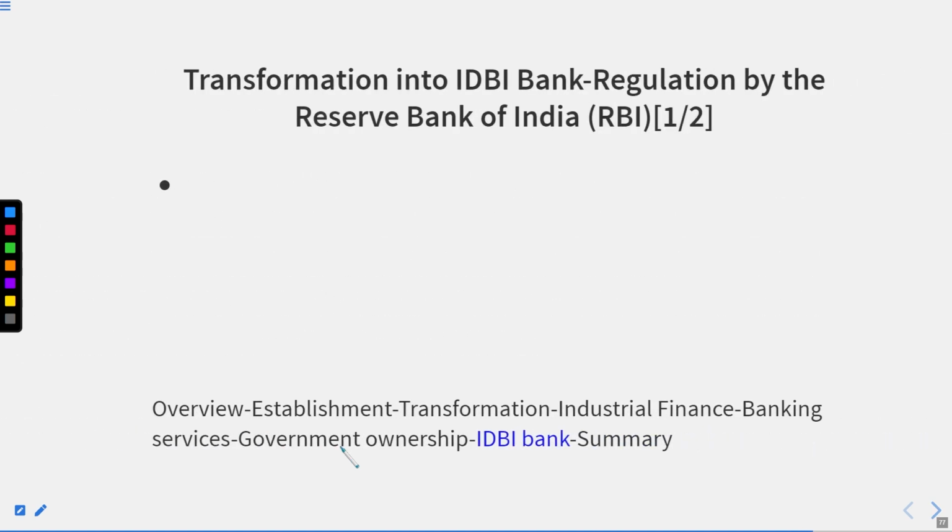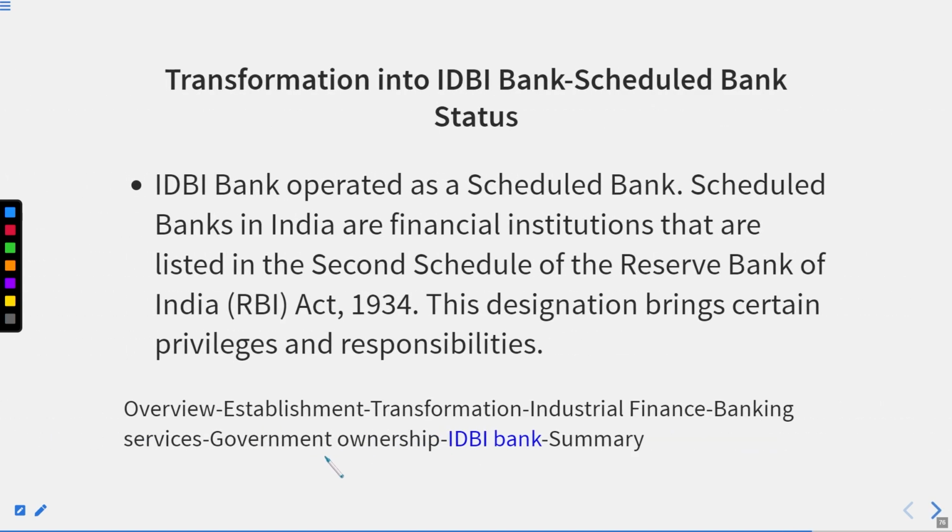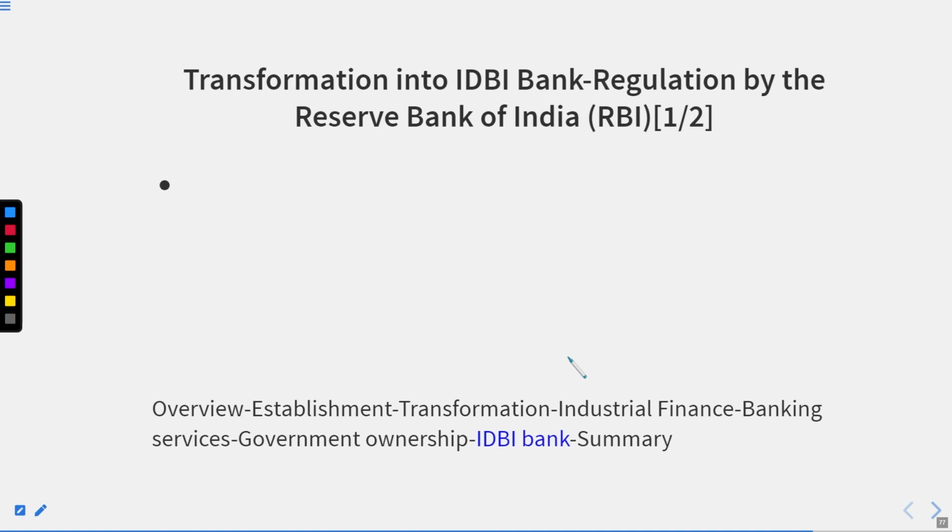Thereafter, scheduled bank status. IDBI Bank operated as a scheduled bank. Scheduled banks in India are the financial institutions that are listed in the second schedule of the Reserve Bank of India Act 1934. This designation brings certain privileges and responsibilities. So I hope now you have got an idea about the scheduled banks. Okay.